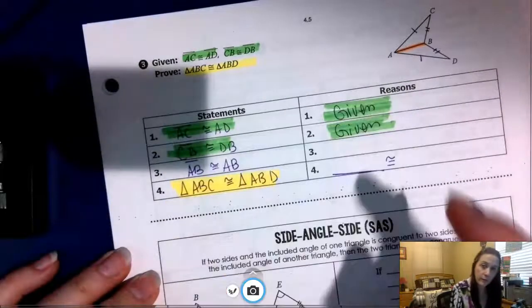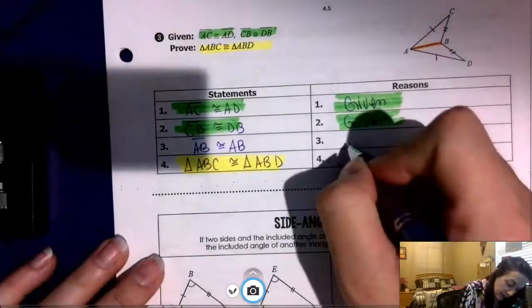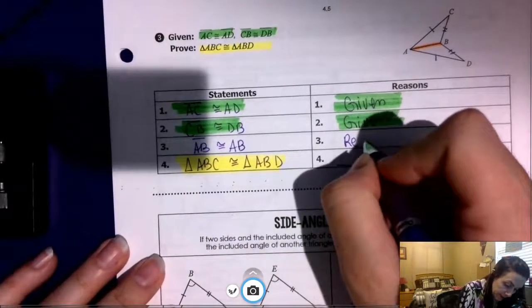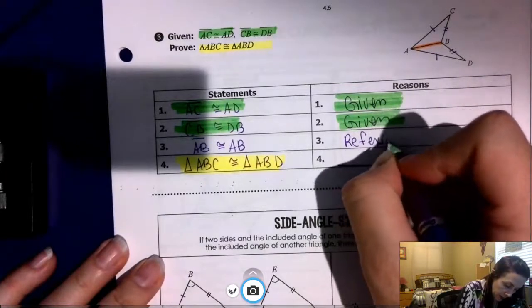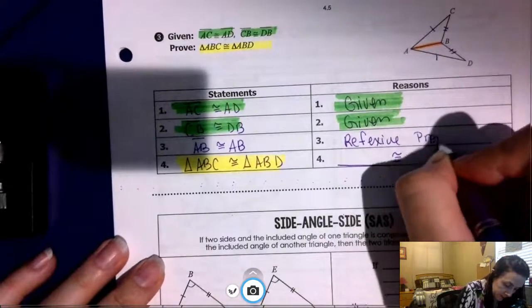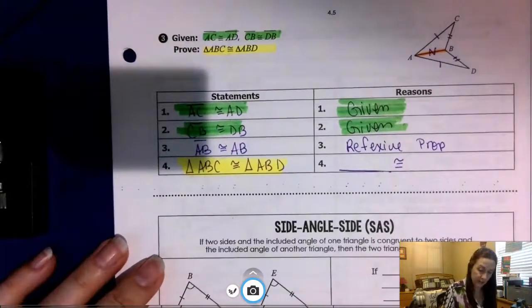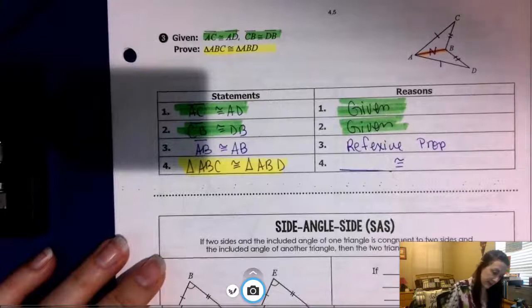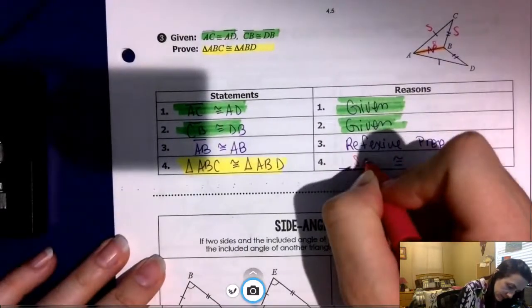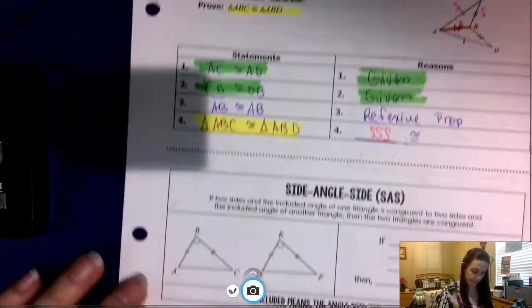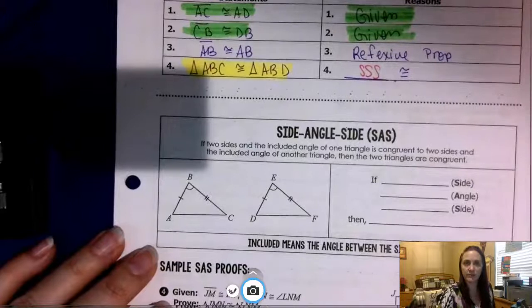Hopefully you remember what property that is. When you look in a mirror, you see yourself. It's a reflection, or reflexive. Reflexive property. So now I have, again, side, side, side. There we go. Okay, I'm going to pause and we're going to do that in just a moment.